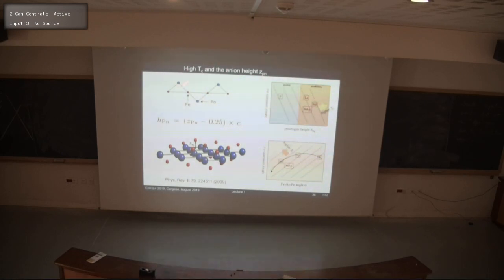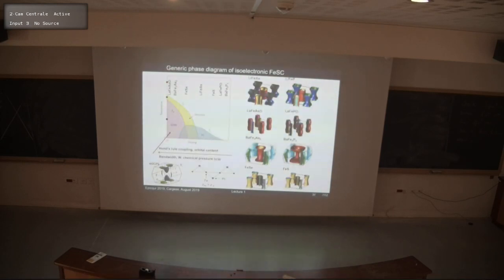And this type of position of the pnictogen, which is the only parameter really changed there, has an influence on whether the system has nodes or is nodeless, and how one can achieve high Tc. This is a theoretical prediction made for this 1111 family of compounds.